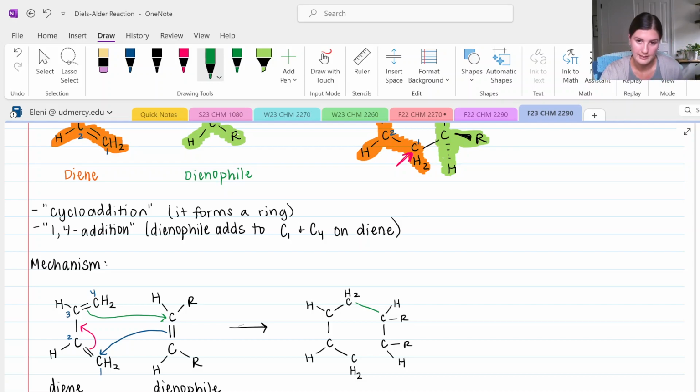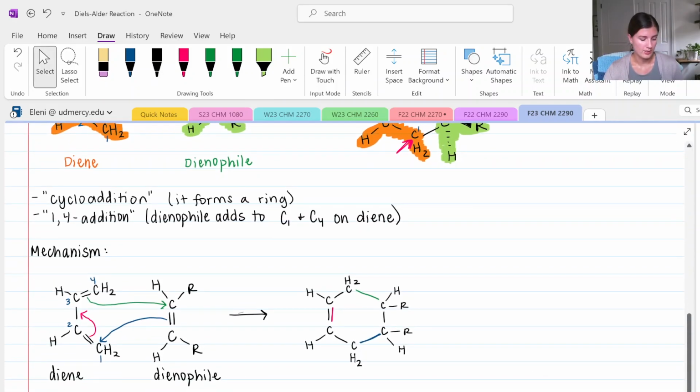So that green line now that I drew on the right is that new bond that's formed. The blue arrow indicates there's a new bond formed between the dienophile and carbon 1 on the diene. So now I've drawn that in blue. And the pink arrow shows that new pi bond between carbons 2 and 3 on the diene. And so this is that cyclic product that we have for the Diels-Alder reaction.